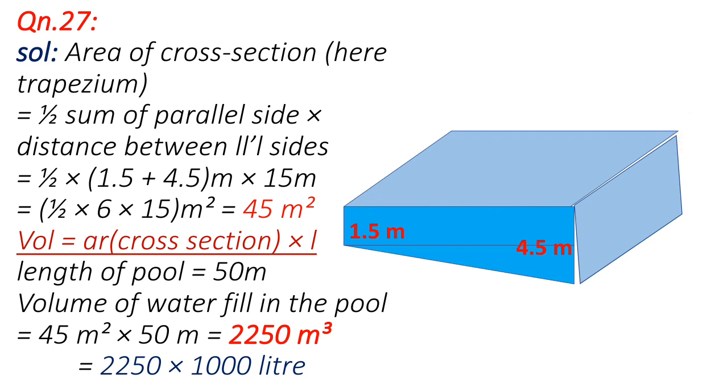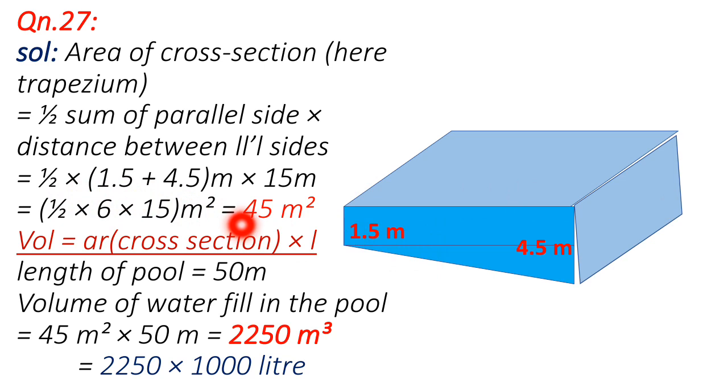So first of all, suppose we are considering that length as 15 meter. Now the area of cross section here for the trapezium we can consider, because this one is the area of cross section, and this area of cross section is continuous up to that length, and that length is, we are considering 50 meter, and this one is 15 meter, correct.